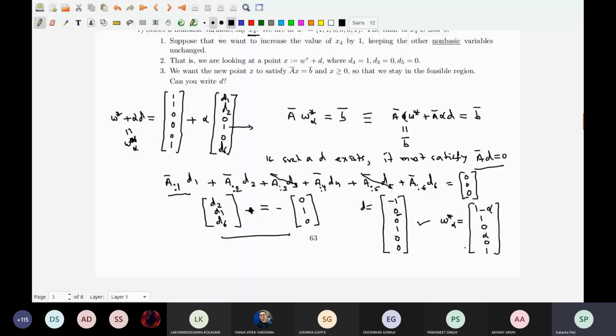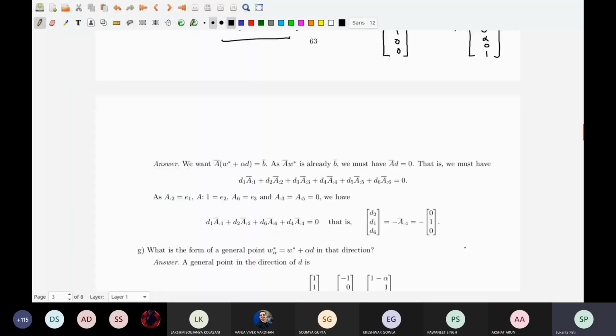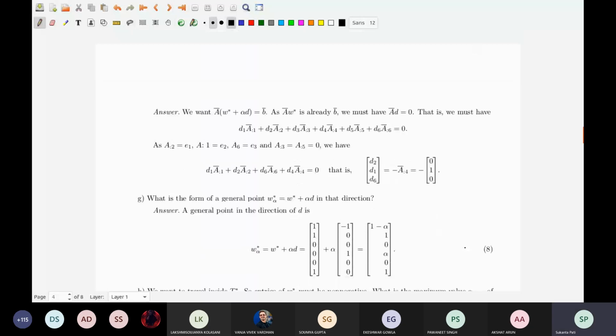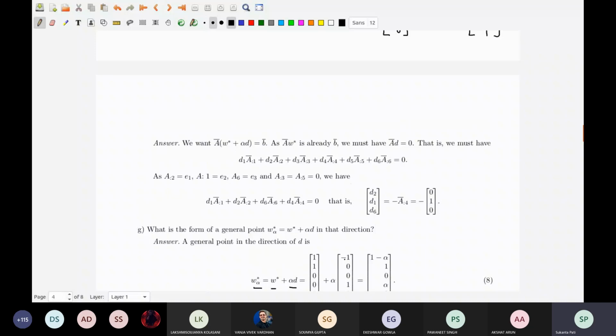This is the calculation again. So here I was talking about the general point in the direction of D, which is W star alpha equal to W star plus alpha times D. This was W star (1 1 0 0 1 0) plus alpha times (minus 1 0 0 1 0 0), which we had obtained.